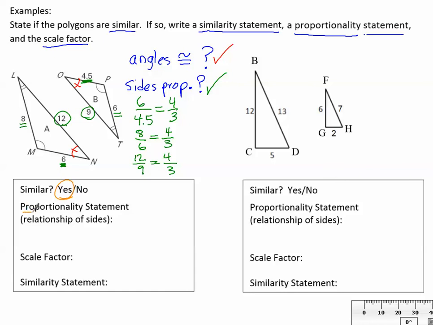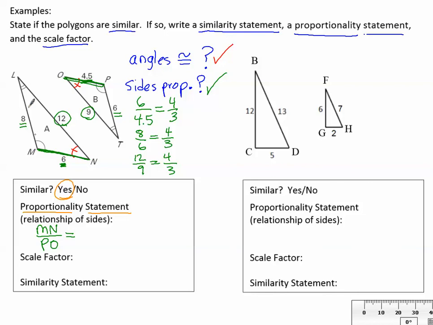So what is a proportionality statement that can be written? That comes from the side lengths. So remember, we put the 6 over the 4.5. The 6 came from the MN side. So MN over the 4.5 came from the PO side. That equals these other ratios.